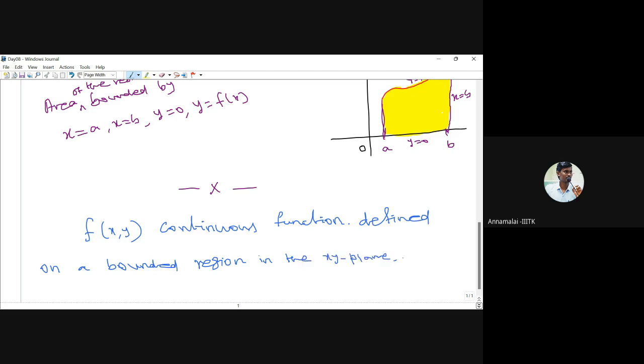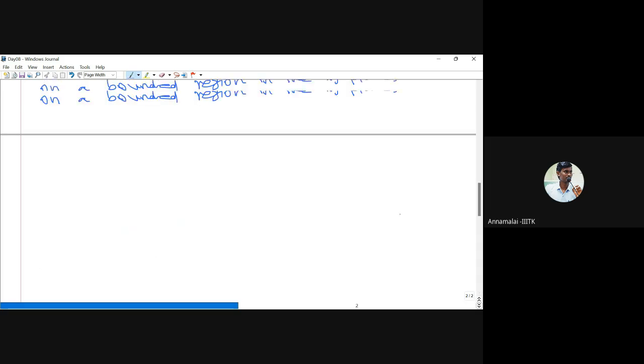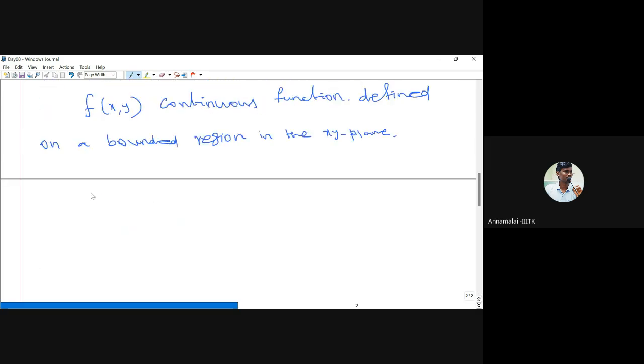If you take some bounded region, we call it R. Okay. So R is any bounded region in R2, some bounded region on the plane R2.